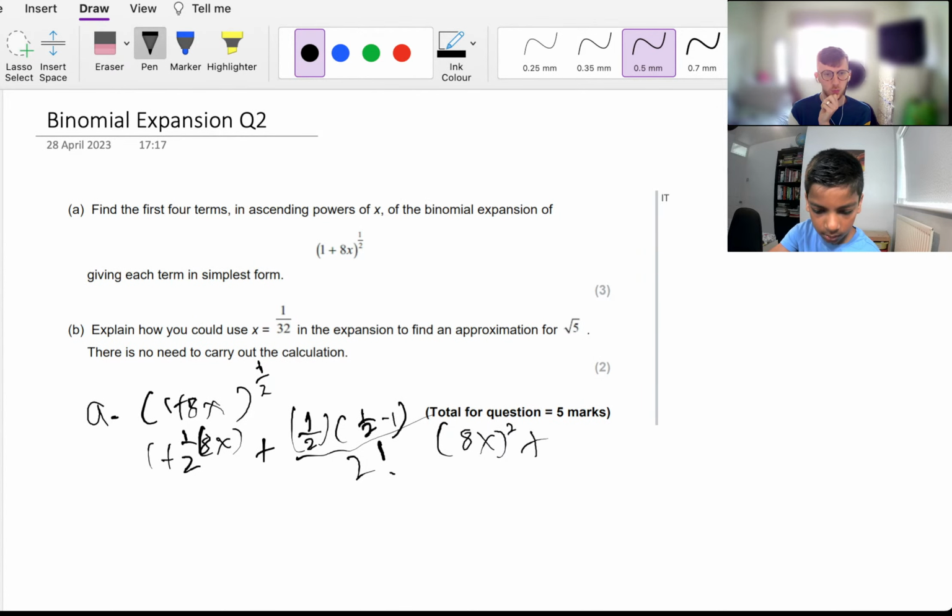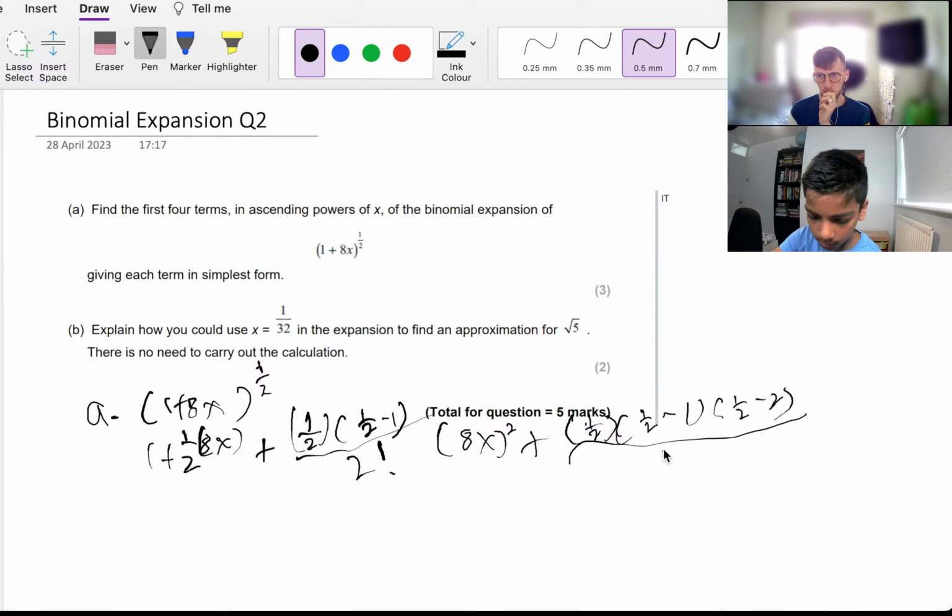Well done remembering those brackets around 8x squared, that always catches people out. They just square the x and forget to square the 8. Then a half times (a half minus 1) times (a half minus 2), divided by 3 factorial, times (8x) cubed.